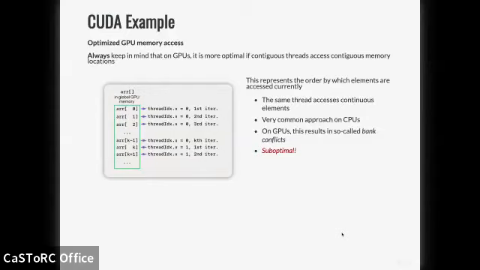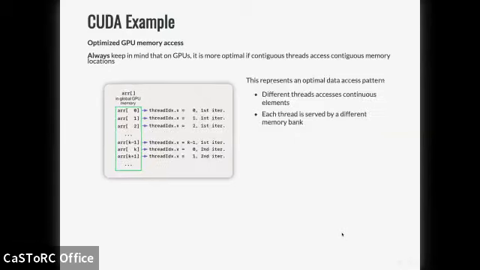This results in these so-called bank conflicts. The memory on the GPU has a very specific access model, which is so-called banked, which just means that there are banks that are used to access memory from the threads, and this is more optimally done if continuous threads access continuous elements in memory.